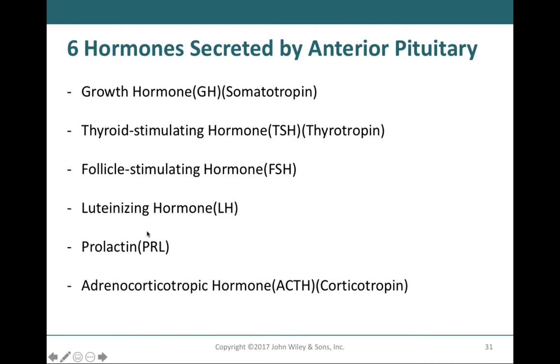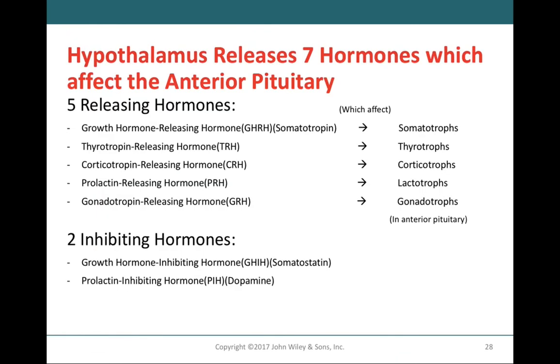Now, these 2 are 2 that you might not have heard before and might seem a little bit more confusing, but follicle-stimulating hormone and luteinizing hormone are what are known as gonadotropic hormones, and therefore they will be released by the gonadotrophs in response to gonadotropin-releasing hormones.